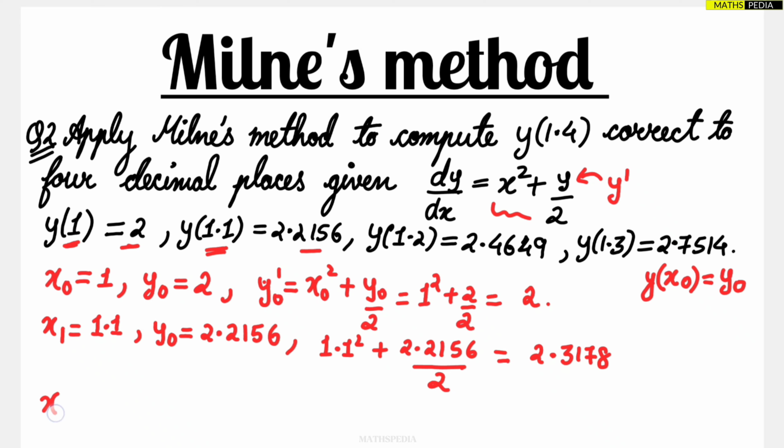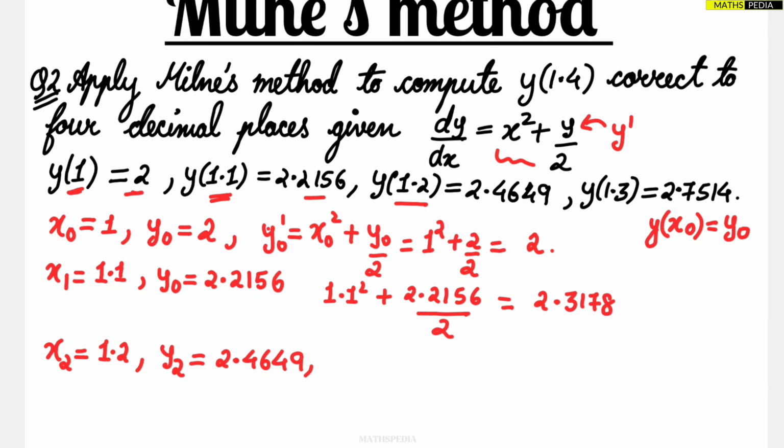Next we'll go for x2. So x2 is equal to 1.2, so from 1.1 we have jumped to 1.2. The corresponding y2 value is 2.4649, and we have to substitute here. Okay, this is the y1 dash value.